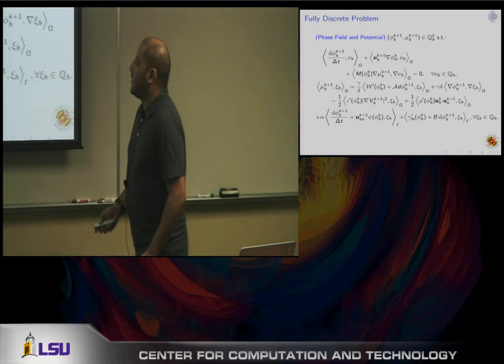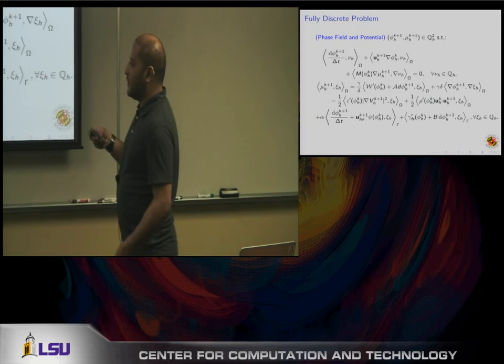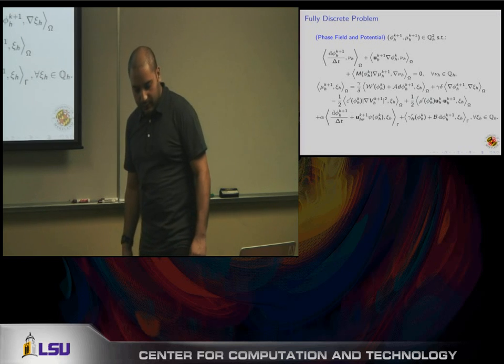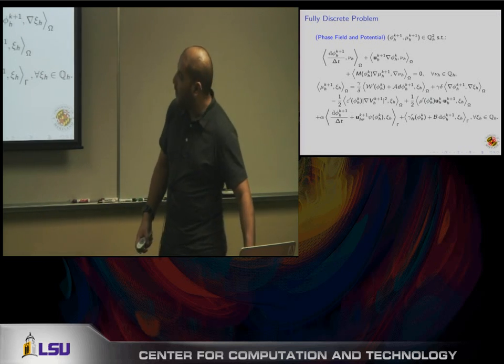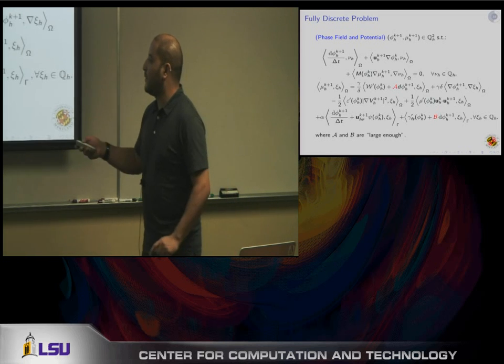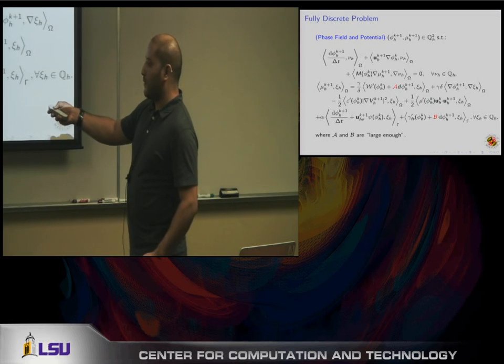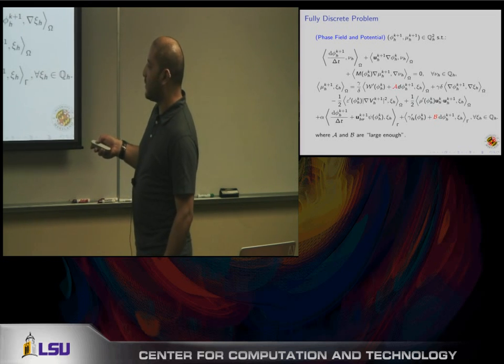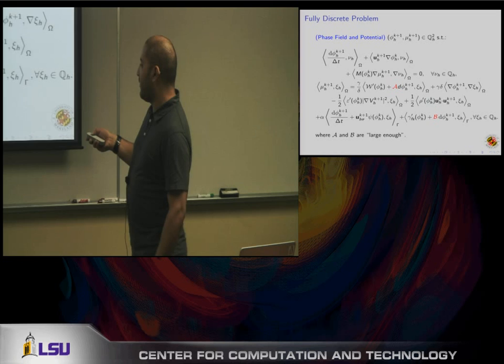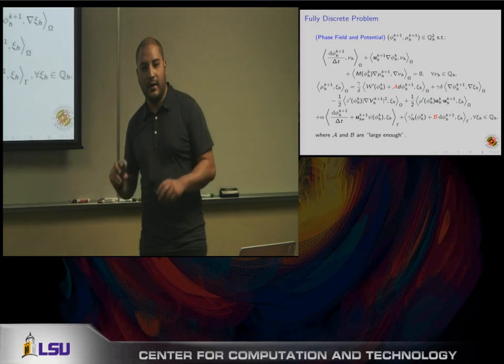For the phase field and chemical potential, again, it's just a discretization of the Cahn-Hilliard problem, where, however, we take the terms that involve the Ginzburg-Landau potential and the interface energy density explicit, and we add some stabilization constants that we take large enough.